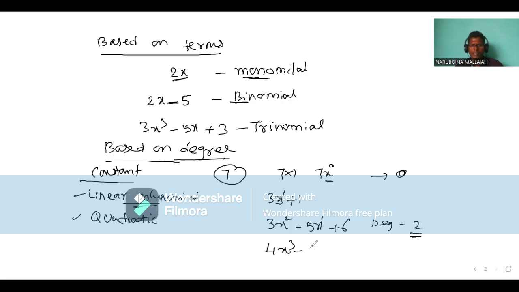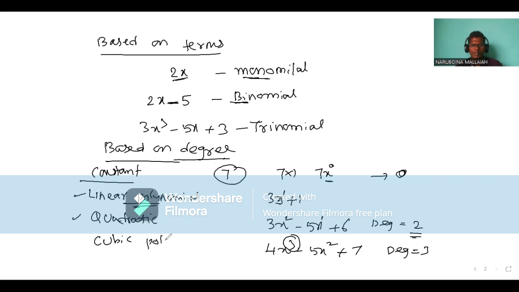4x cubed minus 5x square plus 7. Now, highest power of variable x in this case is 3. So the degree of this expression is 3. It is called cubic polynomial.